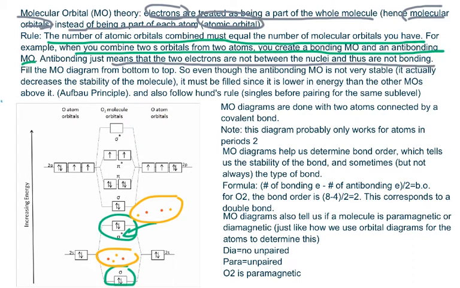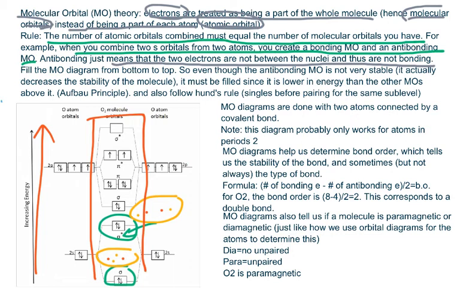So this diagram itself is an orbital diagram that shows the electrons ordered from lowest energy to highest energy, and instead of it being in atomic orbitals like we've done before, this time we order them in these MOs that are in the middle.